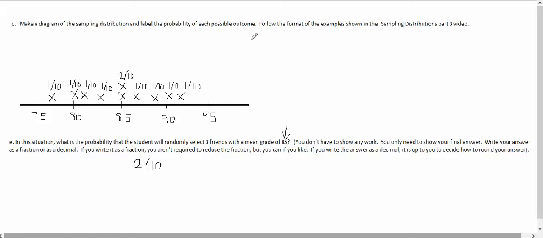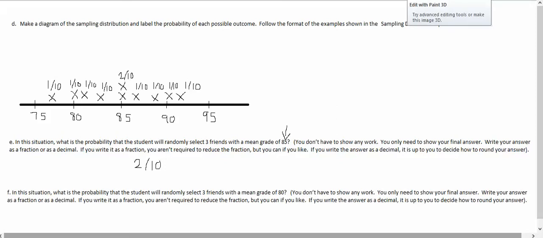Now let's move on to part F. Part F says, in this situation, what's the probability that the 3 selected people will have a mean of 80? If we look at all 10 combinations, only one of them has a mean of 80, 1 out of 10.